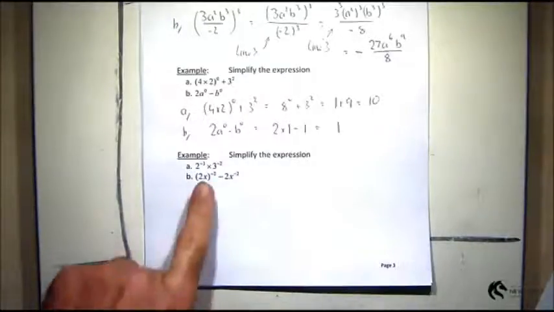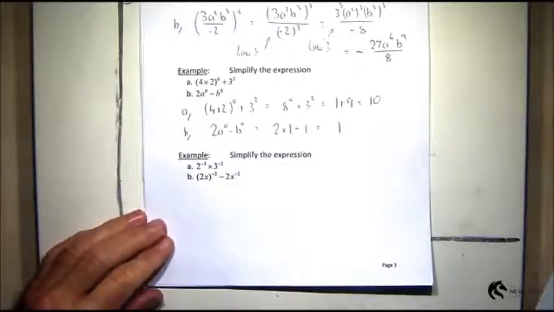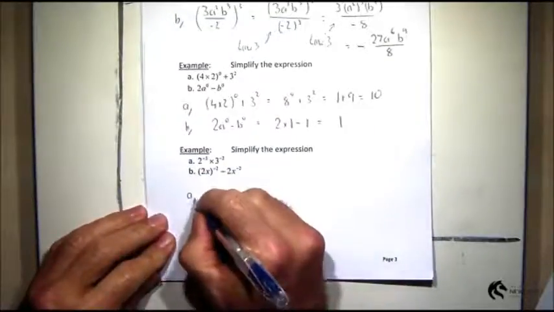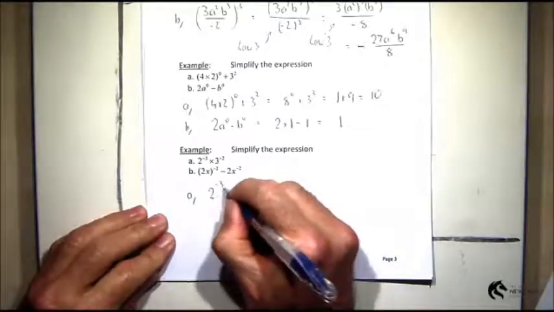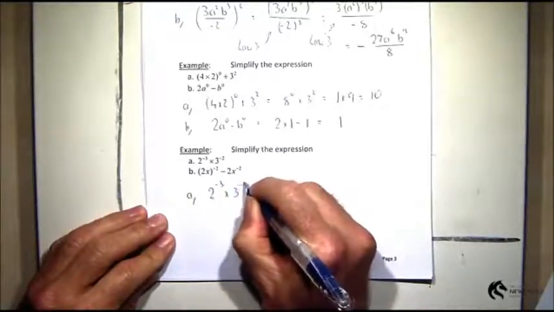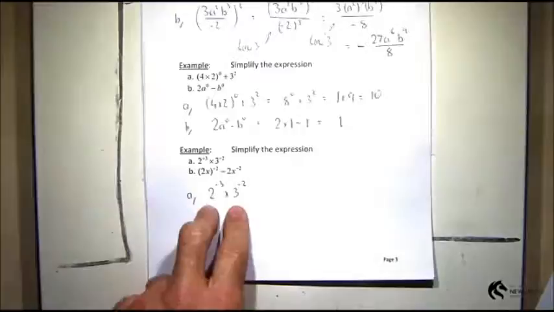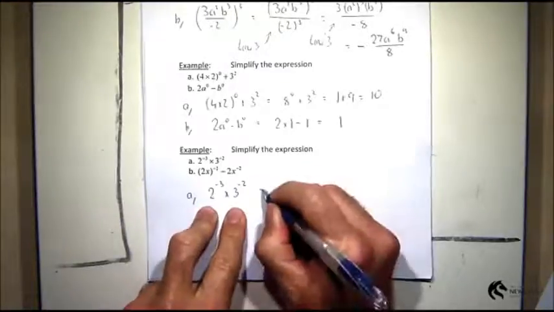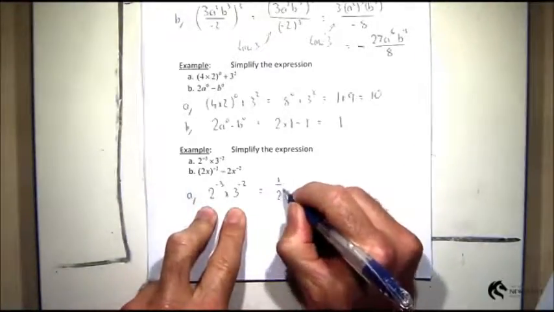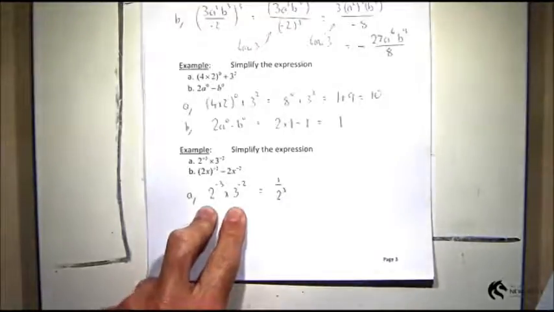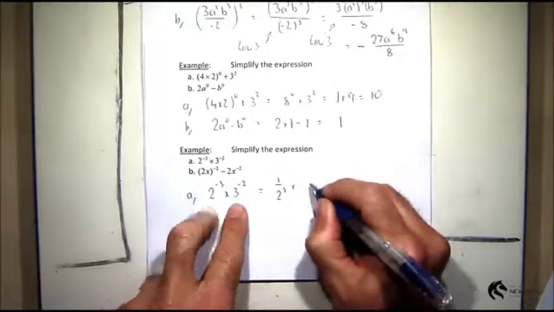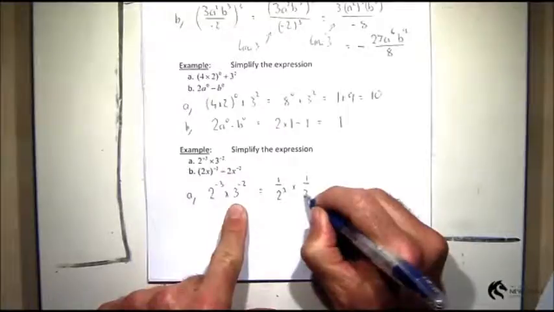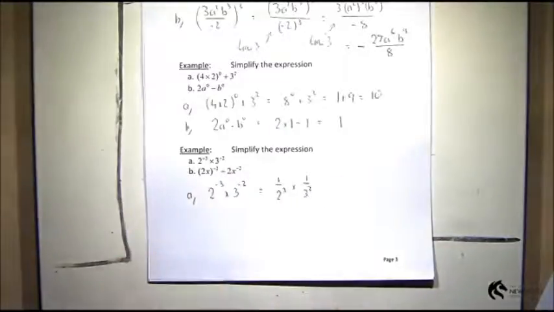So there's law 6, and we will use it here to simplify these. Let's start off with a numeric example first: 2 to the minus 3 times 3 to the minus 2. Again, do our indices first. 2 to the minus 3 we interpret as 1 on 2 cubed, multiplied by 3 to the minus 2, which we interpret as 1 on 3 squared.